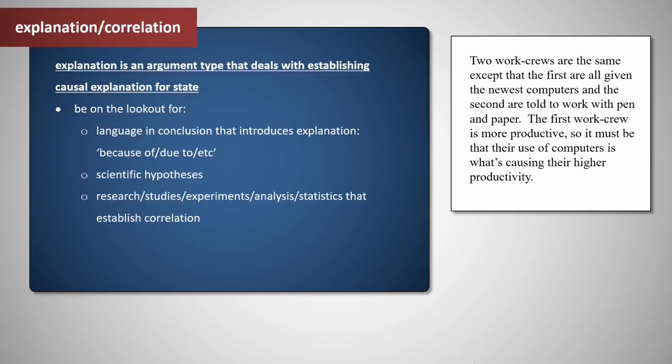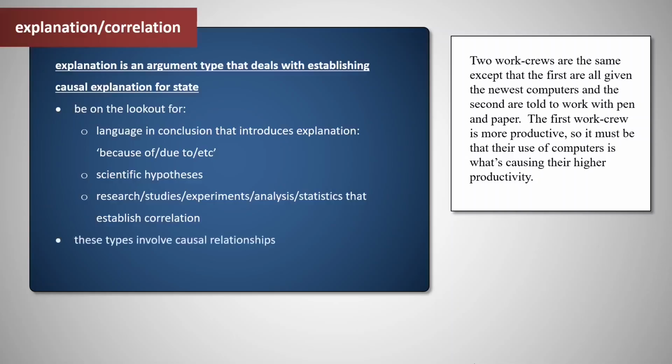If you see that the premises are using that language of there being research or studies, chances are you're dealing with a correlation or explanation type argument where the conclusion is going to make that causal relationship explicit.